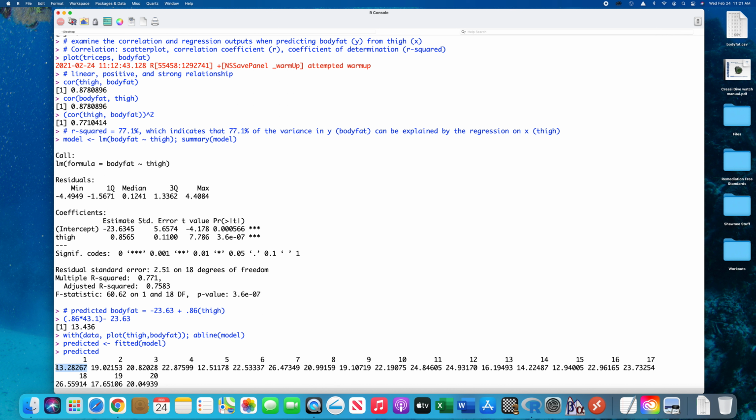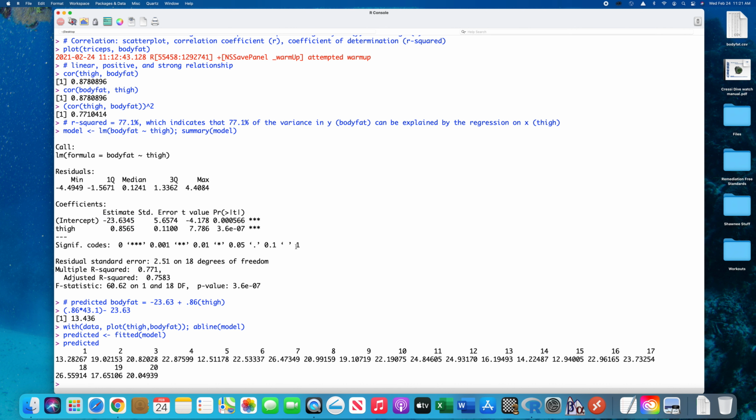R is giving us 13.2867. Why the difference? It's just rounding. I used 0.86, R uses 0.8565, so I rounded to 2 places when I made my calculations, and it's going to be off a little bit. These are better estimates of the predicted value.